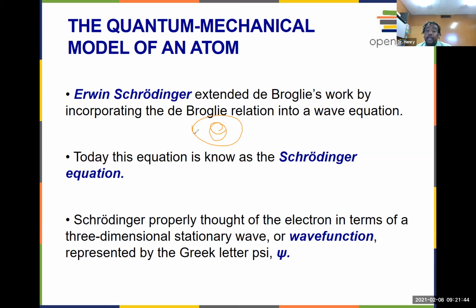So Schrödinger says, hey, we can't look at it just as a circle because it's not just a circle. We need to think about it in a more complex fashion, as a 3D wave, not a two-dimensional wave. You have this going on, but you also have orbiting going around in certain ways, right? This is called the wave function, and he basically added this onto the calculation. So our calculation is getting a little more complicated.